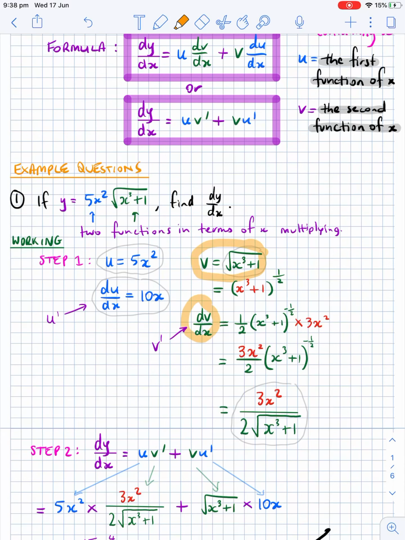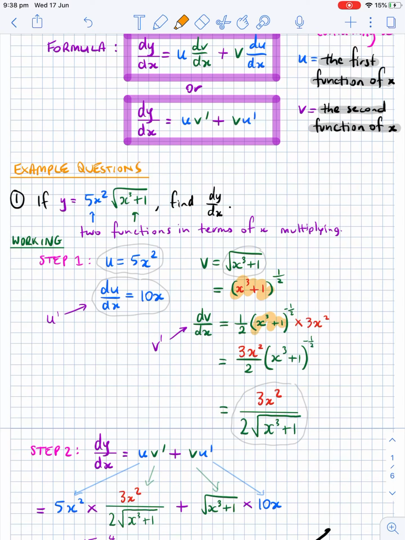Differentiating this one to get dv dx, that's going to be the hardest one to do. So we've got to take the derivative of this thing here. We want to get rid of that square root sign because that's hard to differentiate. So change it to x cubed plus 1 to the power of half. When we differentiate this, we've got to move this power to the front of our bracket, and that power goes down by 1 to negative half.